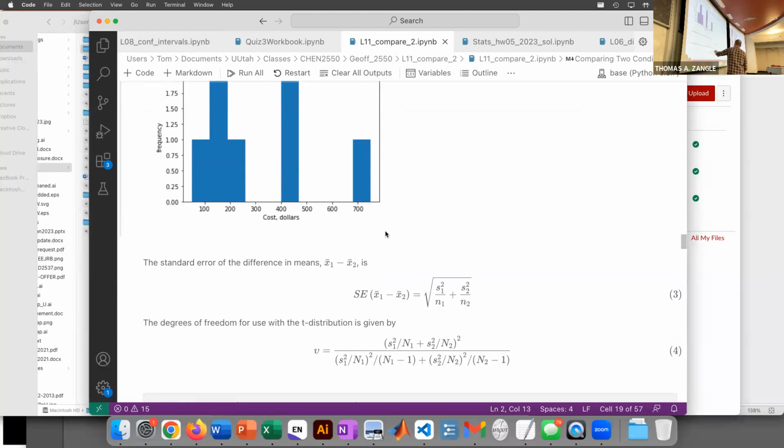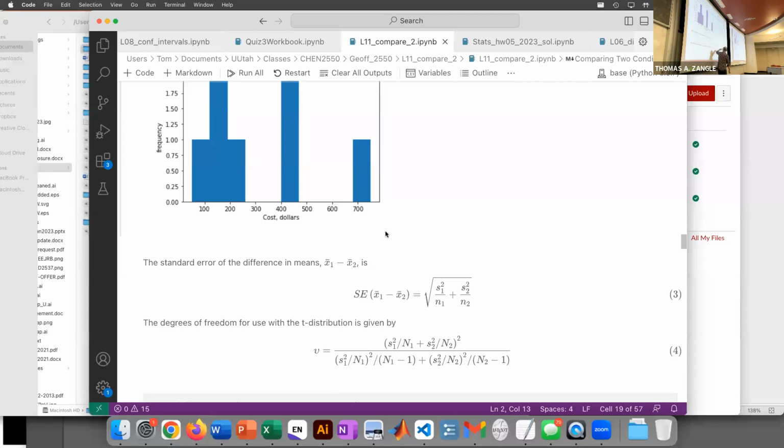And so now, in equation 2, I said we had to estimate two things. We have to estimate the value of the t-statistic to use, and we have to estimate the standard error for this comparison between these two different samples. The way we estimate that standard error is shown here.